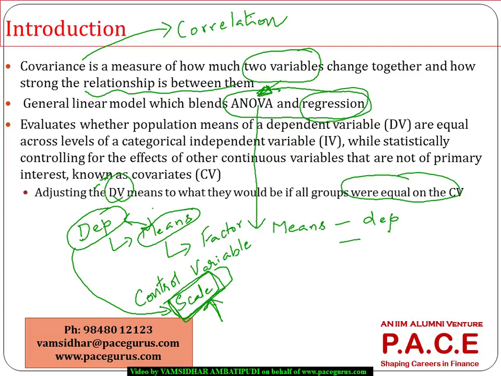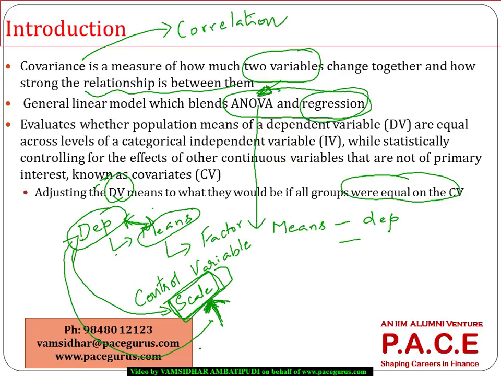This particular variable could be changing across the groups, and because of this the means are changing. So it's not that the means are directly changing; because the other control variable is changing, we are seeing that the means are changing.